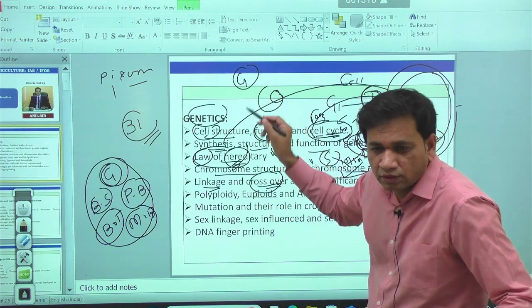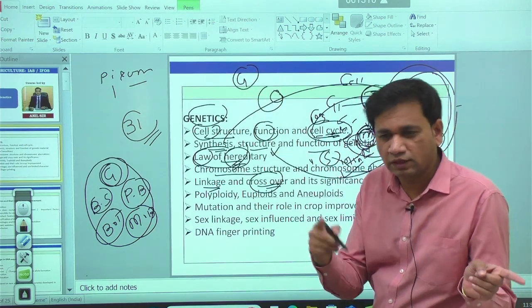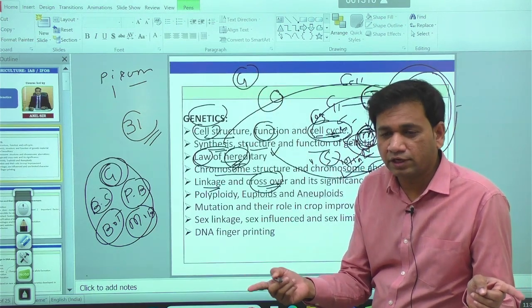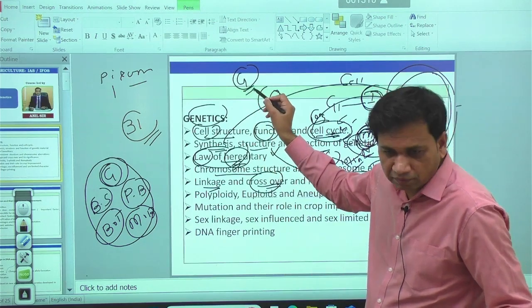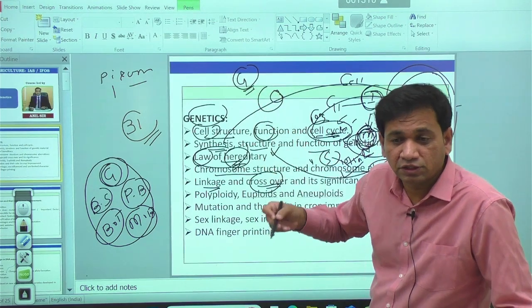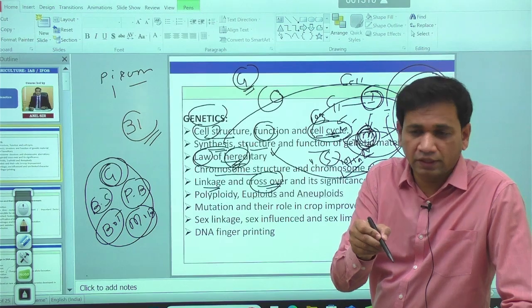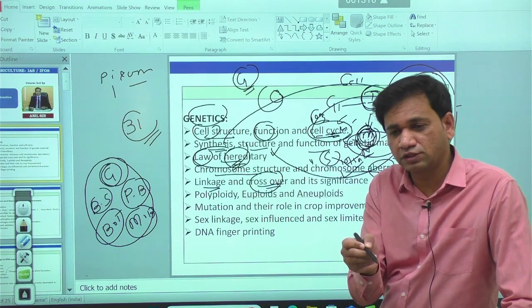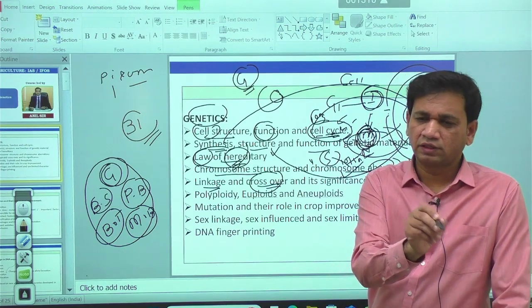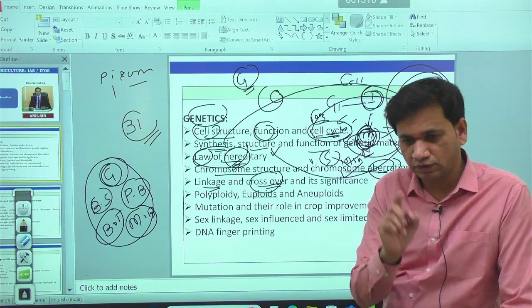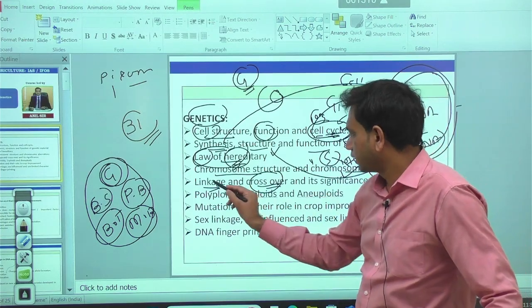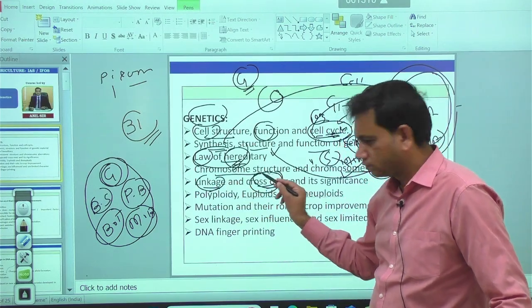From the normal to the recombinant one, exchange of genes can be possible. That leads to variation in the biological population. Based on such variation, development of new characters in agriculture can be possible. That is one advantage as well.